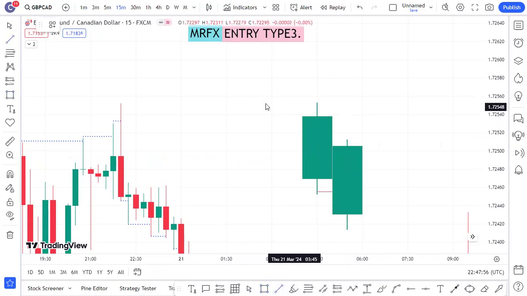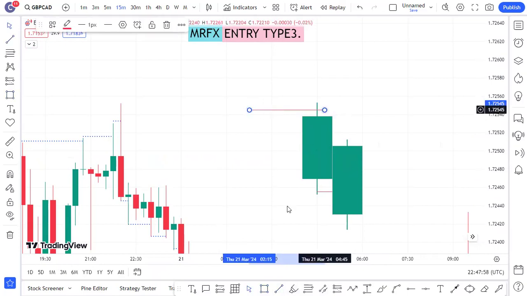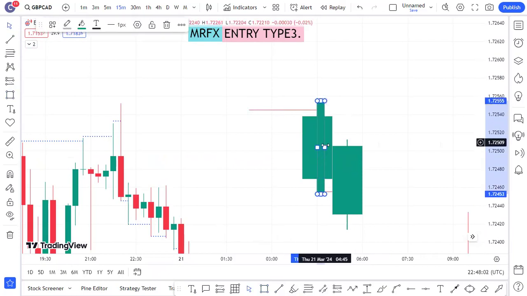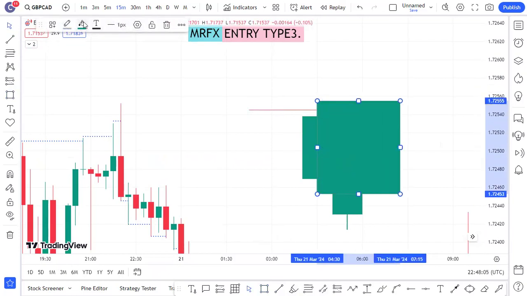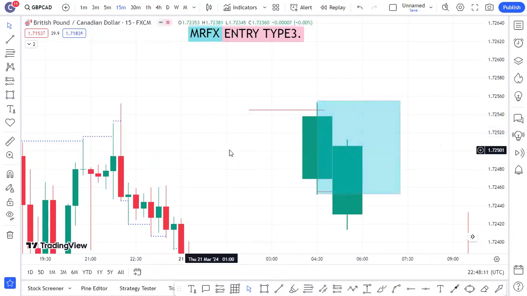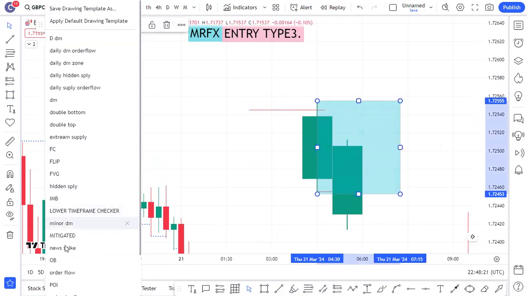Remember first, there is a sweep of liquidity somewhere on the higher time frame like that. So when this candle closes the body like that, and let me just change the color here, percentage maybe 20. Okay. This one, we see when this candle closed down with the body. Now this candle that was remaining, which is a valid OB, we call it a single candle order block.